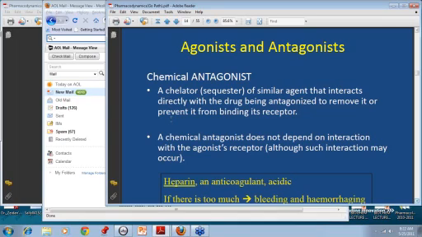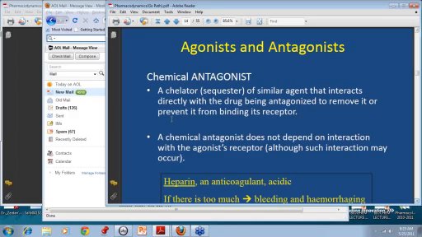The nature of binding here is that you take advantage of the charges that exist. So a chelator tends to trap this drug, interact directly with the drug that is being antagonized, and remove it. So that's a chemical antagonist.